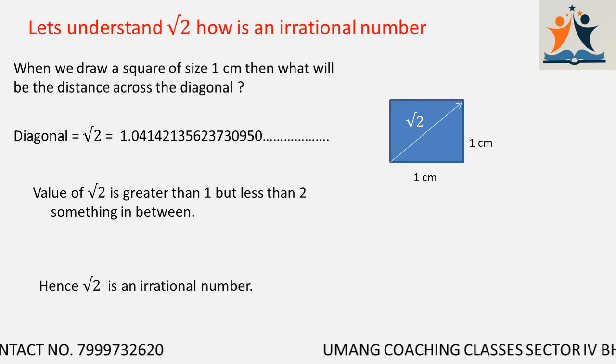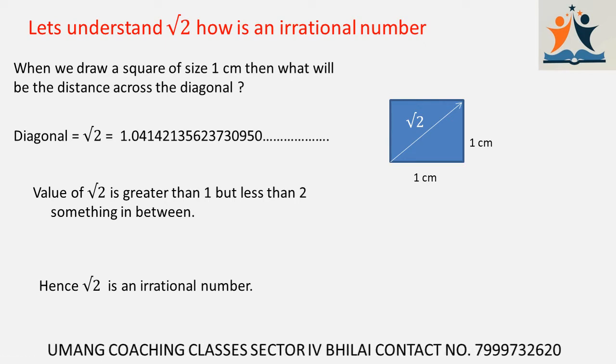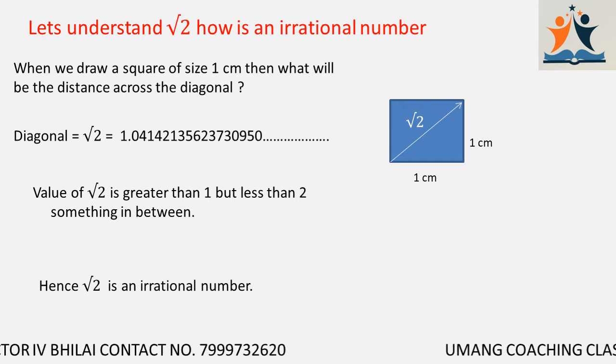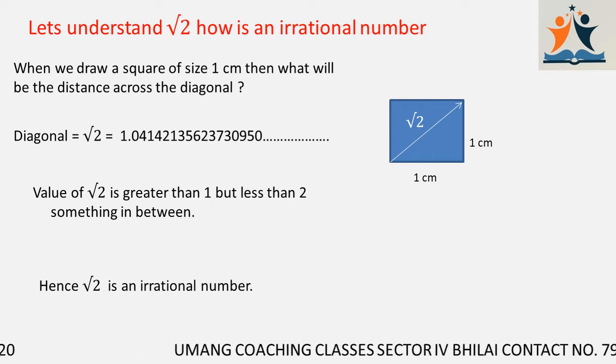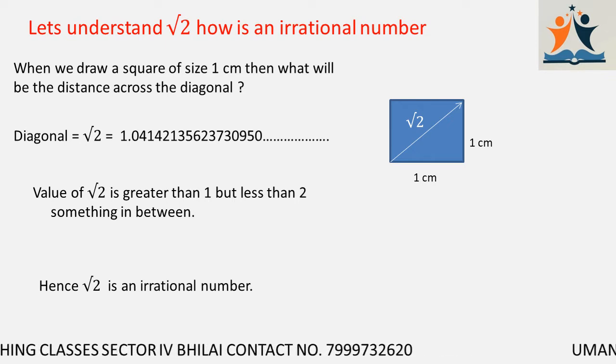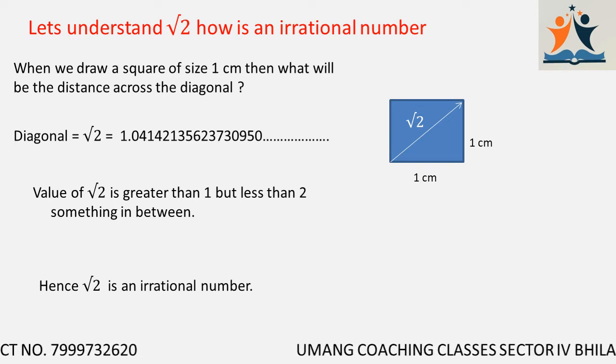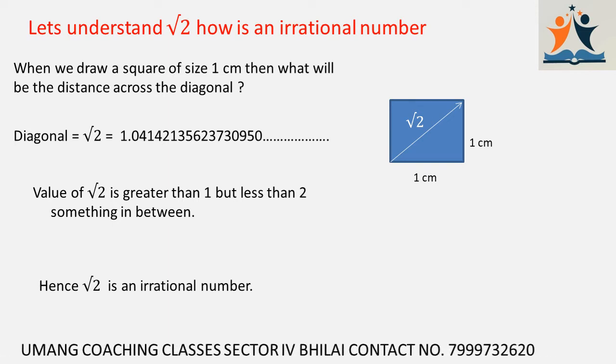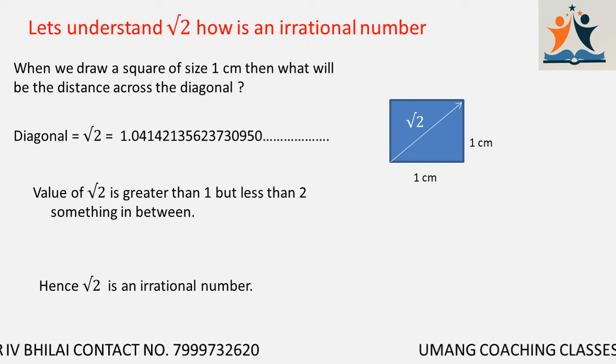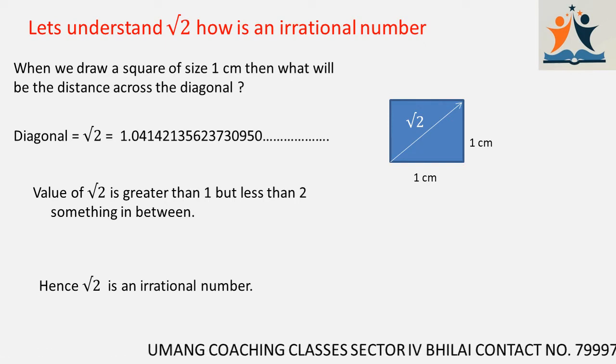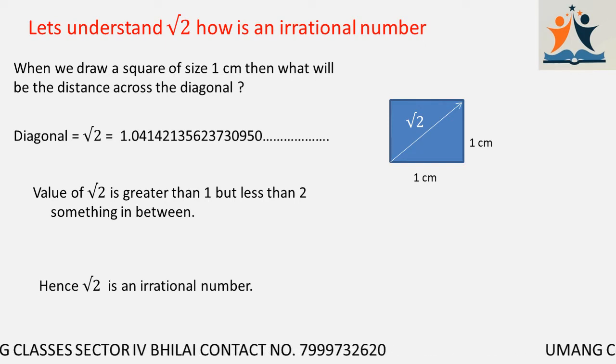Hence root 2 is an irrational number because its value is not fixed. Its value does not repeat after the decimal places, and it does not end at a finite number.